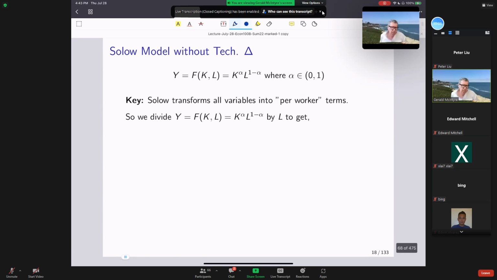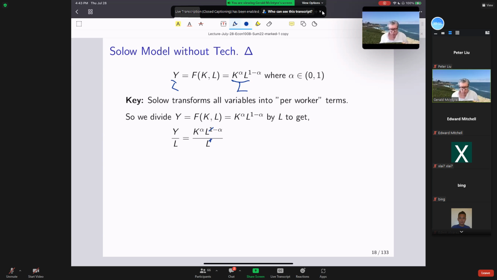So straight away, we only have the one variable, this function Y. We're going to divide that by L. When we do that, we have Y over L on the left-hand side and this entire expression over L on the right-hand side. Then we can do some simplification. Recall the rules of exponents. We have an L to the 1 in the denominator and an L to the 1 in the numerator, and those two cancel.